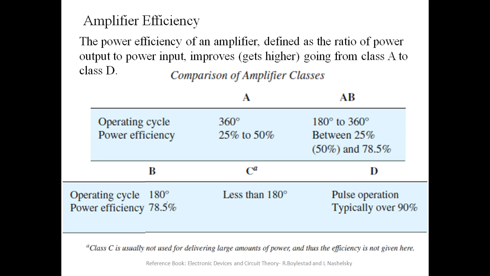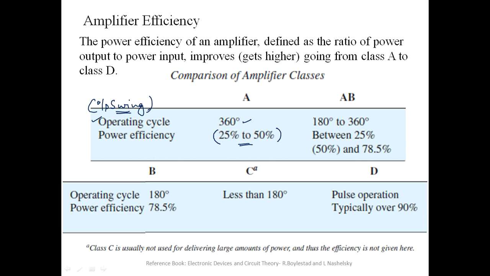Just to perform a comparison of amplifier classes with respect to operating cycle. Operating cycle is nothing but, as I had told, the output signal swing. For class A it is 360 degrees. Just observe, class A amplifier's power efficiency is comparatively lesser, 25% to 50%.